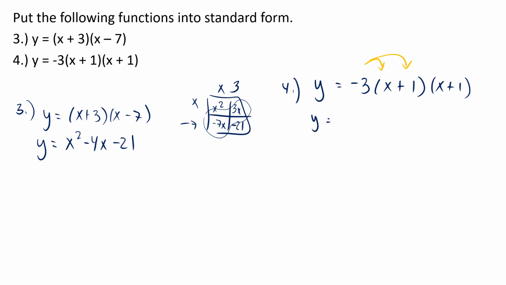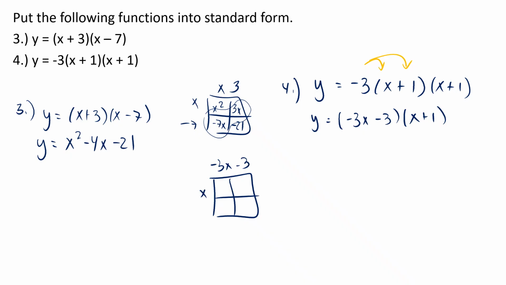So I'm going to take that -3 and distribute it through that first set of parentheses, and then use my area model to multiply that next one. So next x plus 1. So -3x squared minus 3x minus 3x minus 3. So that's -3x squared minus 6x minus 3.